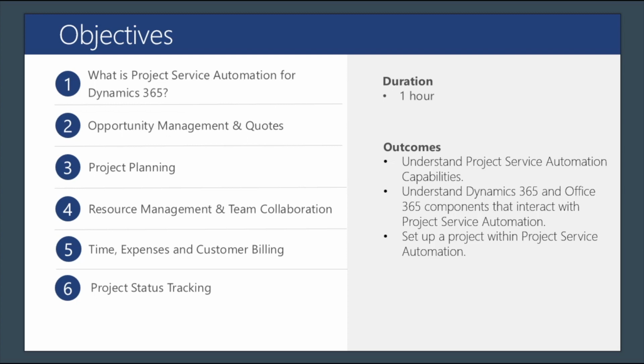We'll talk about resource management and team collaboration once that project has been planned, how our team members are going to enter their time, expenses, and how that relates back to customer billing. And then finally, we'll end with project status tracking, how we know that the projects that we set up within Project Service Automation are going to be successful.